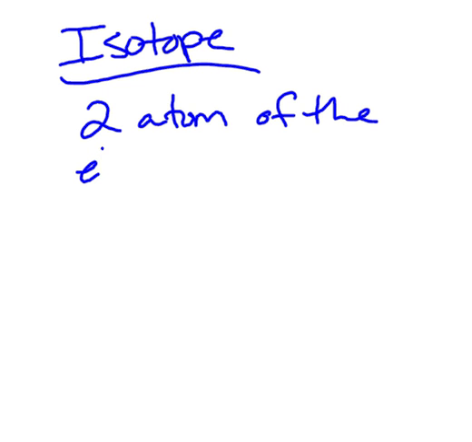An element is gold or silver or mercury. If I was to take two atoms of oxygen and say they have different masses, they have different weight, then we call those two atoms of that element isotopes.